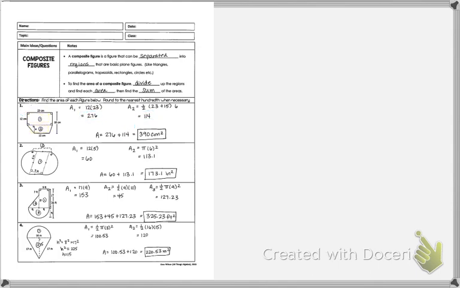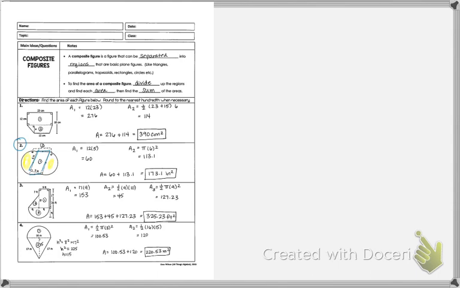We're doing number 2 now. You notice how we have a half circle here, and we have a half circle here. Both of them connect to this parallelogram.